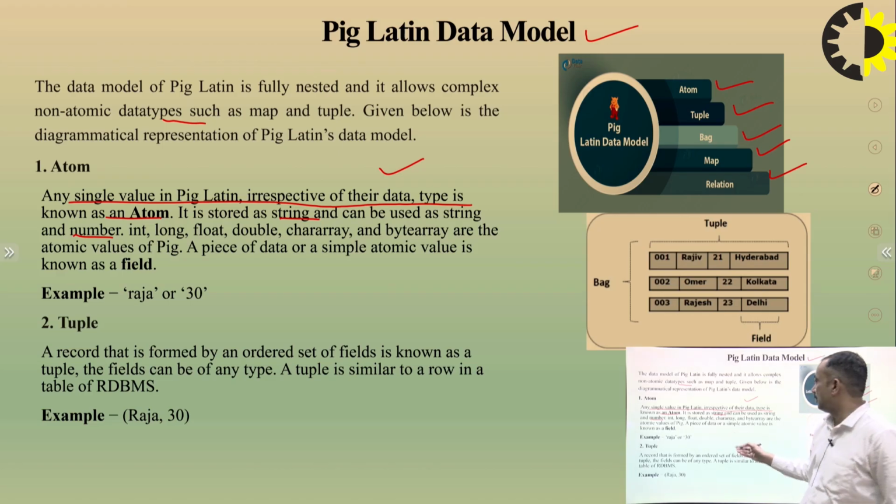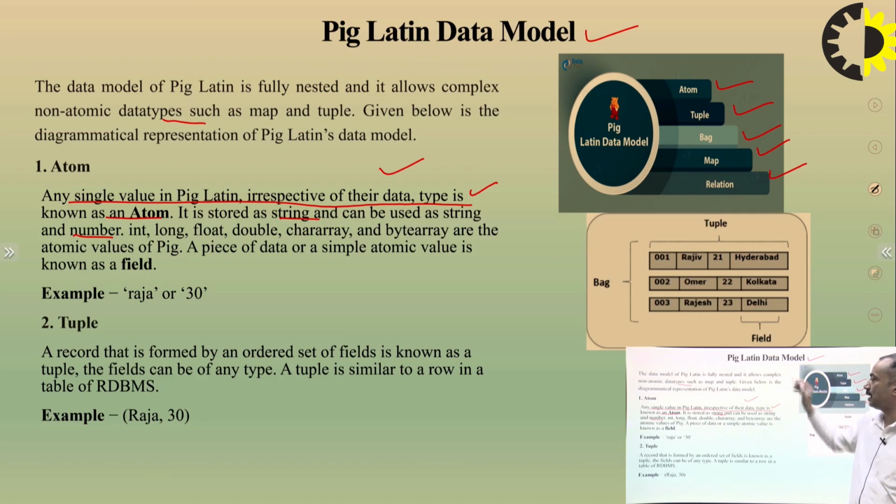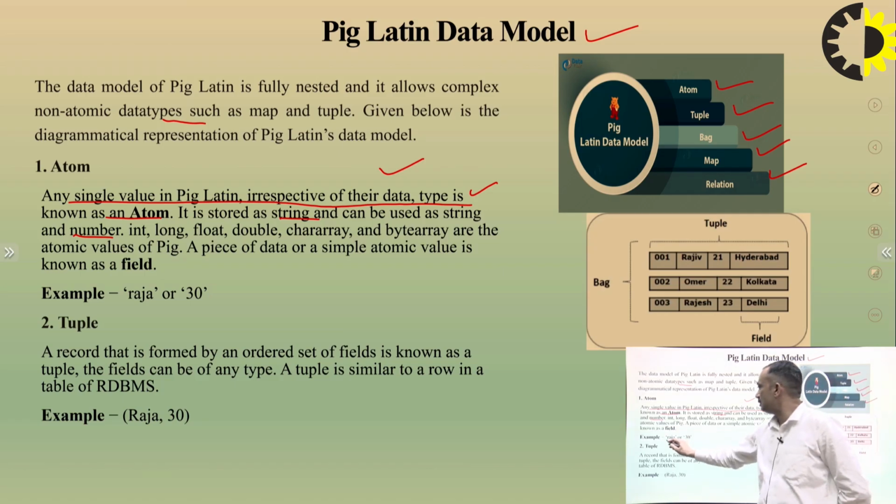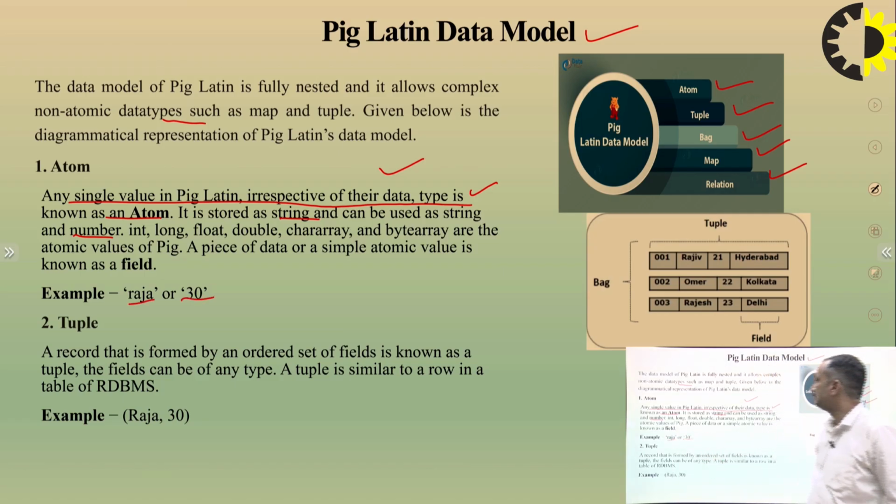In one word, we can say a piece of data or simple atomic value is known as a field. So we have a field in the case of RDBMS, and we have an atom in the case of Pig Latin. So this is an example. Any name, suppose we have the name Raza, and 30, irrespective of data types. We have these values as atoms.